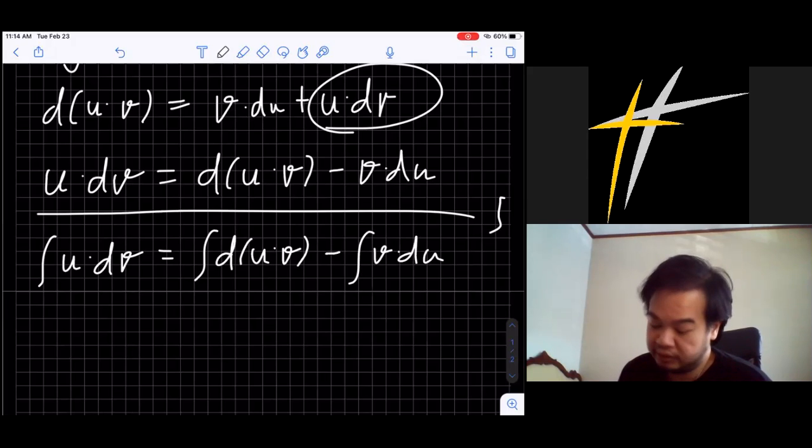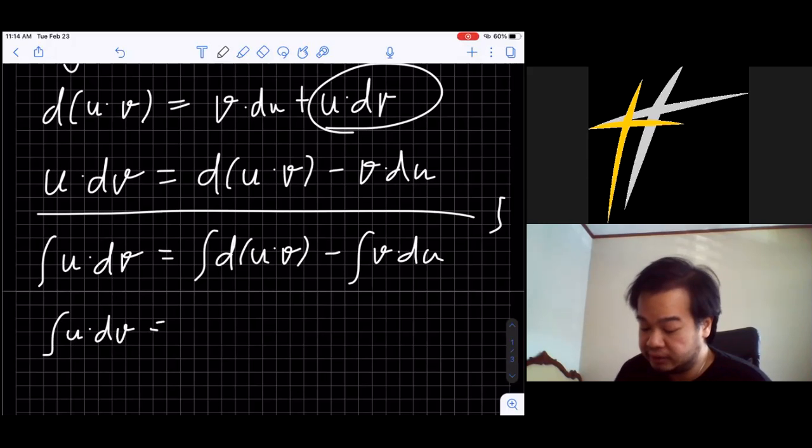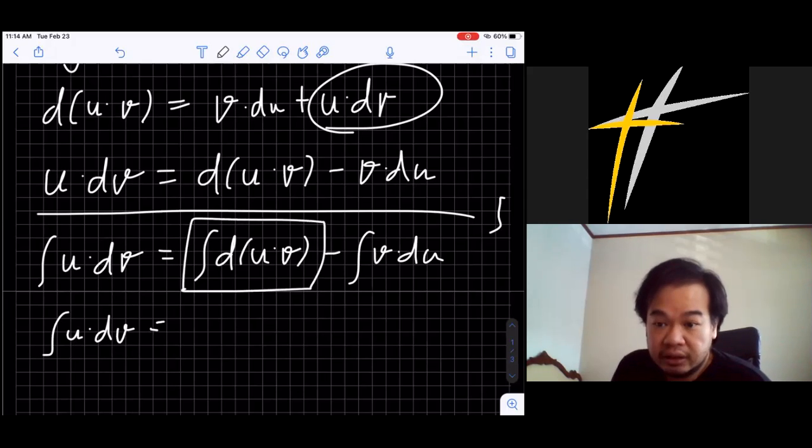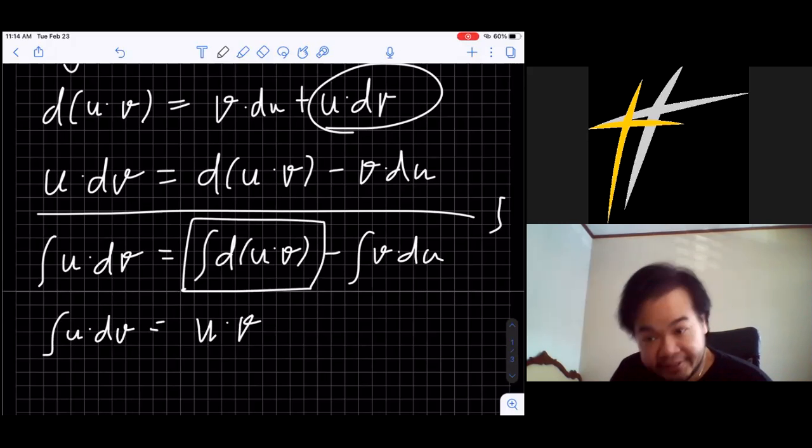It's a property. So then the integral of d of u times v is just a single integral of d of something. So of course the result is the something itself, right? For example, the integral of dx is x, the integral of du is u.